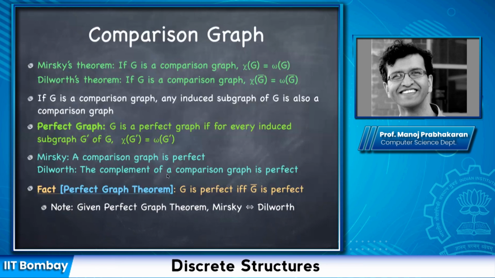So therefore the complement of a comparison graph is perfect. And that's Dilworth's theorem, and conversely from Dilworth's theorem we can go to Mirsky's theorem. That's all we will do for now, but just a pointer to other deeper relations and interesting properties of graphs that you will probably come across later on.